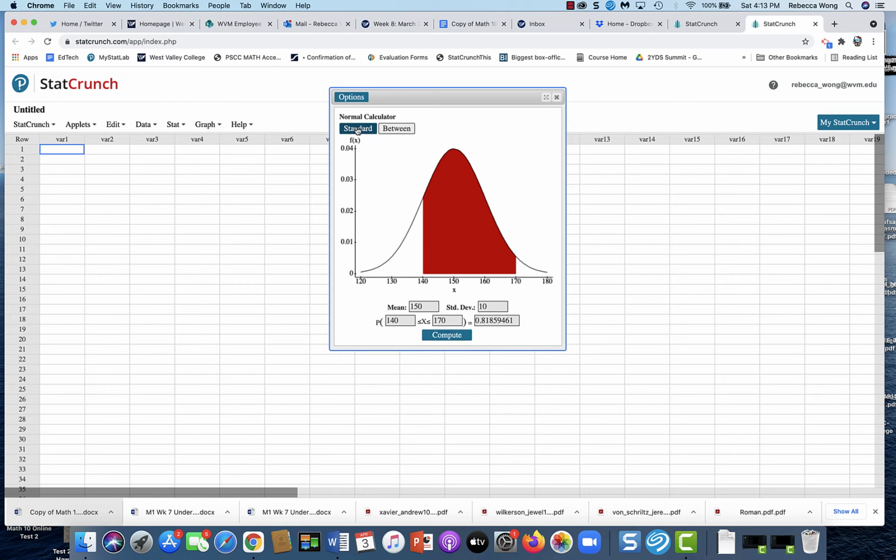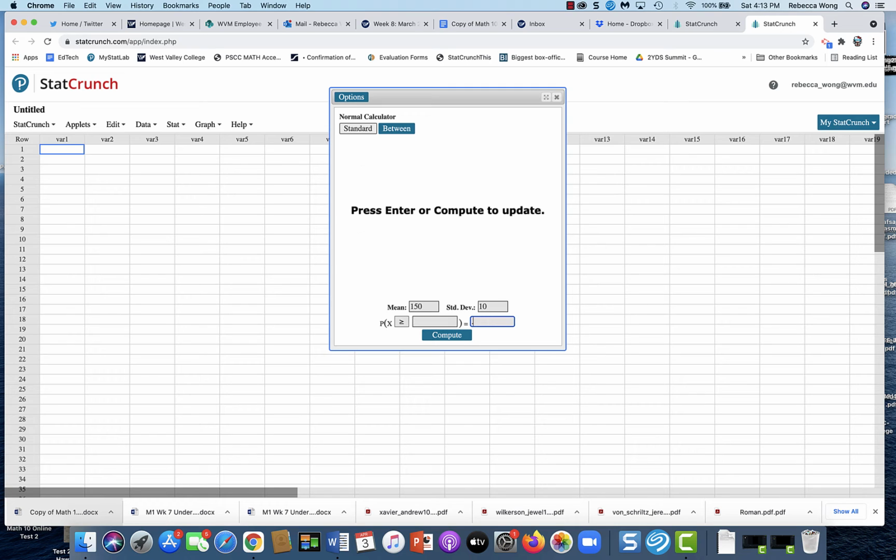For C and for E, remember these are the ones that I said were like going backwards problems. So in C and E, we're given the area here, and we're asked to find the value that goes here with X. So for the first one, the area we were given was 0.08.